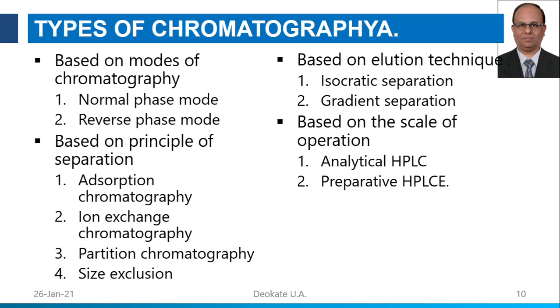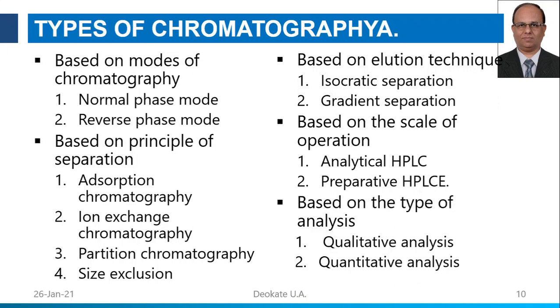Based on scale of operation, chromatography can be categorized as analytical and preparative. Analytical is where you actually want to identify the substance, and in preparative, you separate the substance in higher quantity, which you can use for further processes.